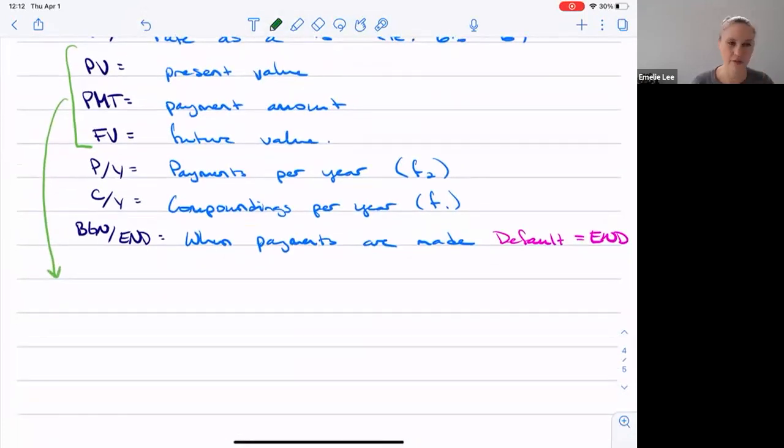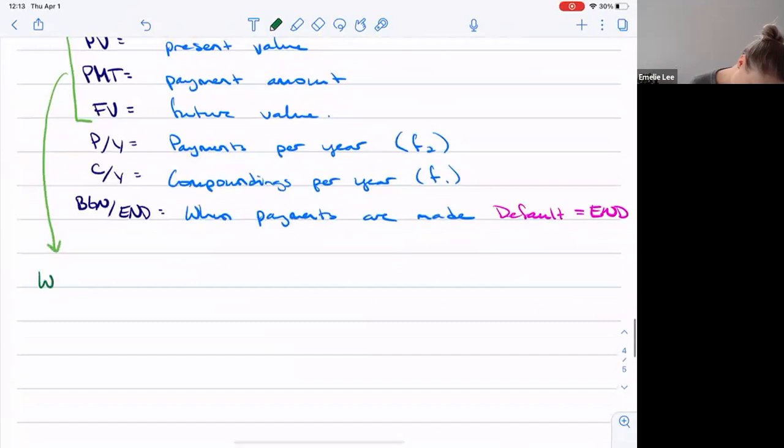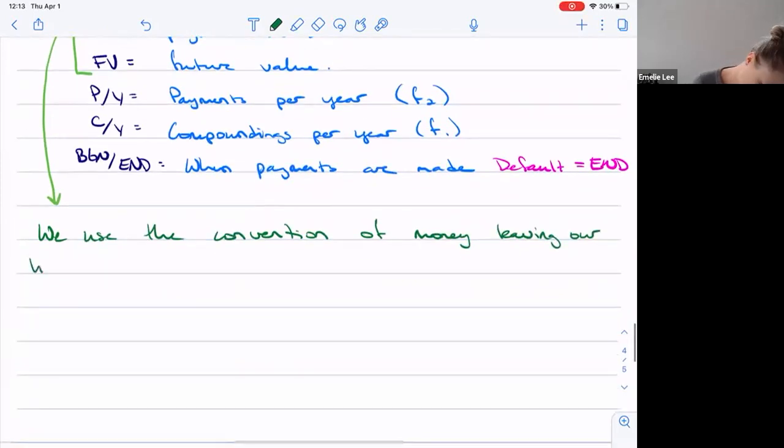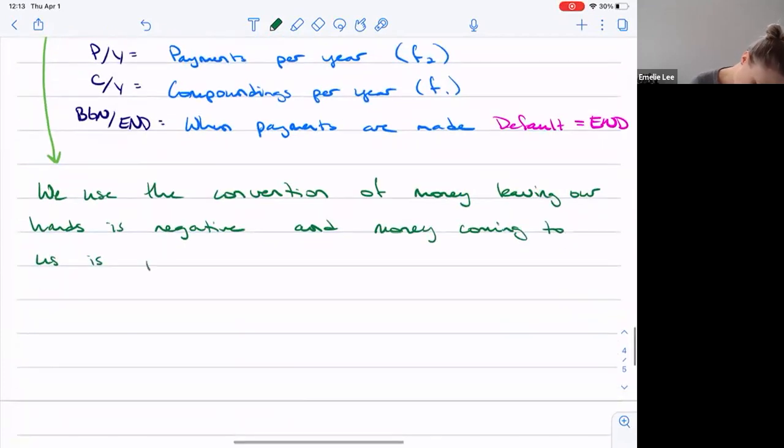I'll write in a darker green. We use the convention of money leaving our hands is negative and money coming to us is positive.